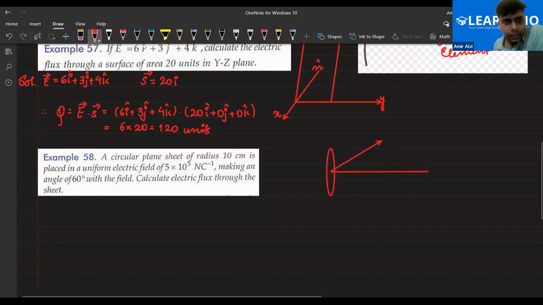So this is theta. What is the value of theta, Abhyas? Could you please tell me? Angle theta is 60 degrees. Okay. So this is the angle.